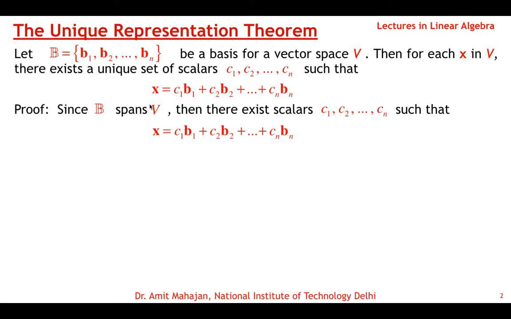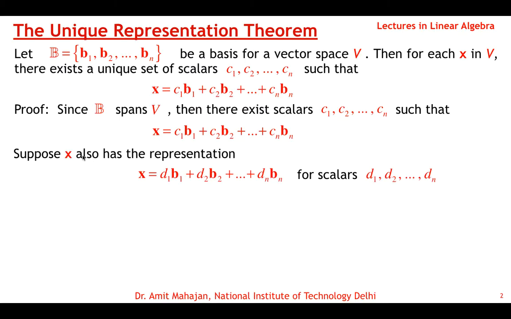Since b spans V, because this is a basis for V, the vectors in it span the vector space, so definitely there exist scalars c1, c2, cn such that any vector x in V can be written as a linear combination with these scalars. Now if this is not unique, that means there is another set of scalars for which we can write x as a linear combination, then we will prove that that set and this set must be the same.